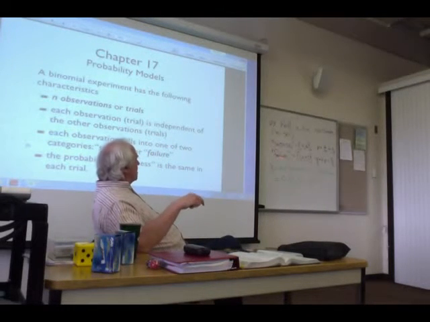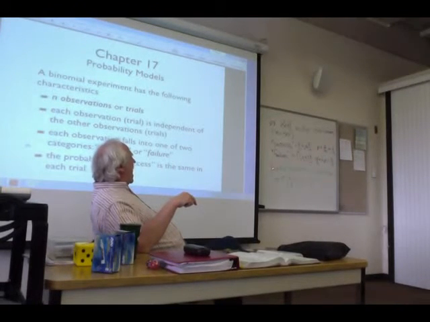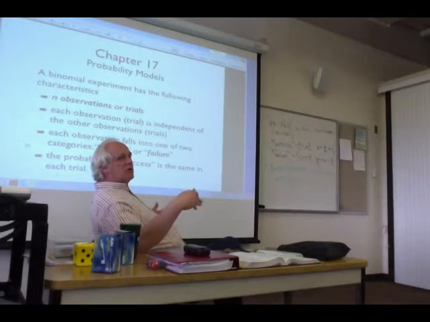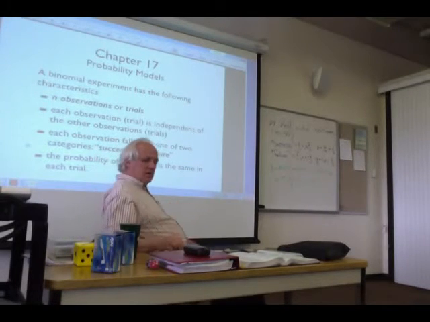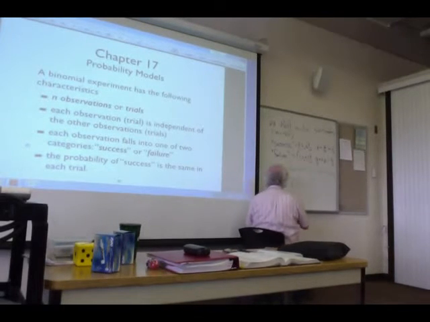So this is an example of a binomial experiment. If I let X represent the number of successes in 50 trials, I would say that X has a binomial distribution, meaning I can compute the probabilities associated with the numbers 0 through 50 from a formula.